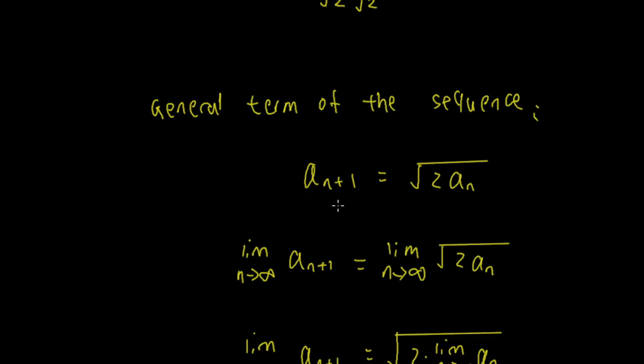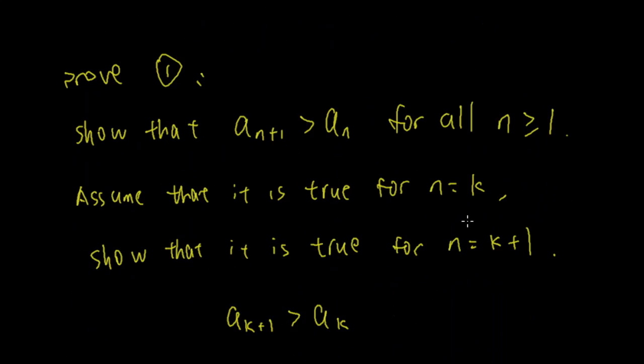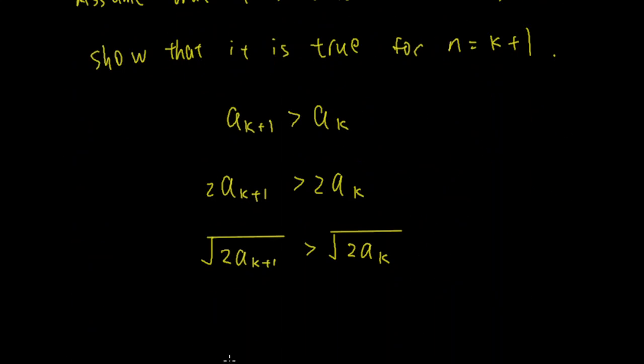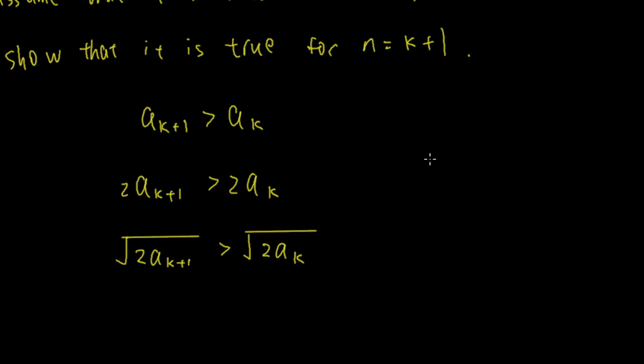So for square root of 2 times a sub of k plus 1, that is basically equal to a of k plus 2, right? Because the subscript on the left side is always one higher than the subscript on the right side.